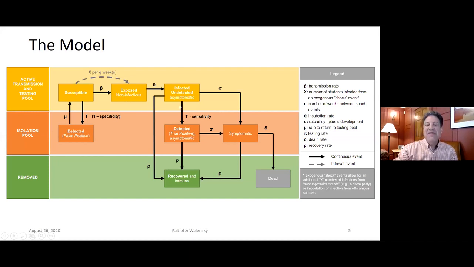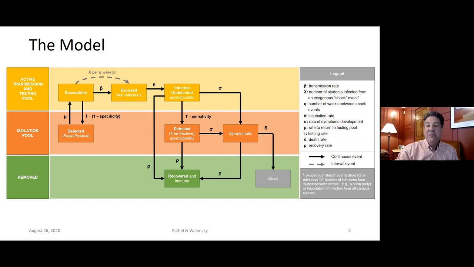There are a number of different infected individuals, some of whom are undetected and asymptomatic, some of whom are symptomatic and therefore detected via their symptoms, some of them who have been detected via testing, and there's a recovered population. So S, E, I, and R. There is a death population as well, but in the student population, that doesn't happen very often.